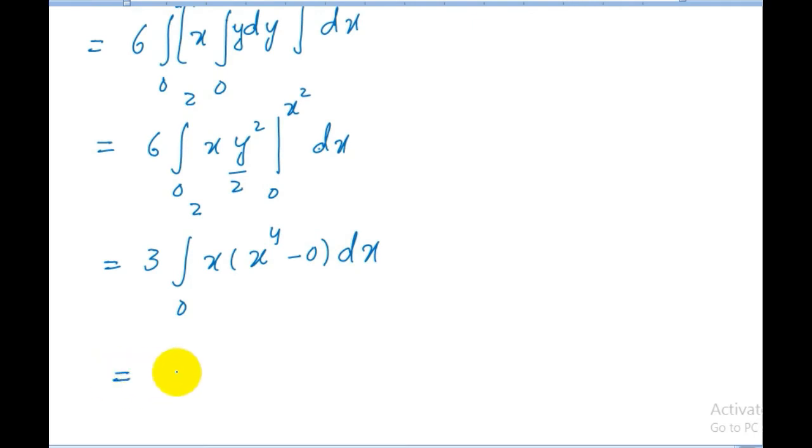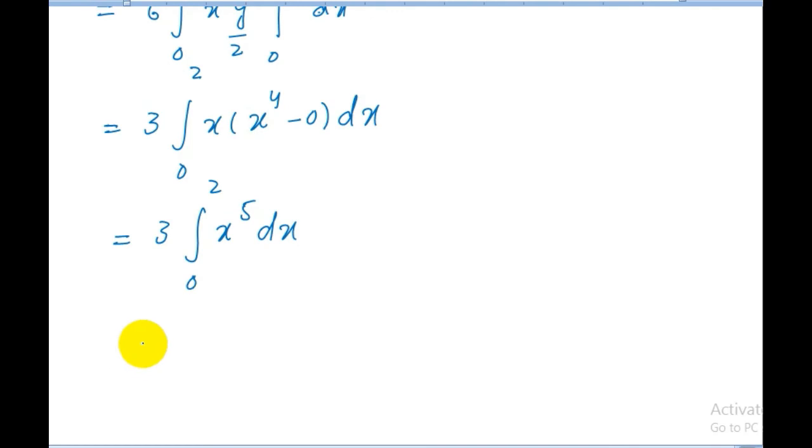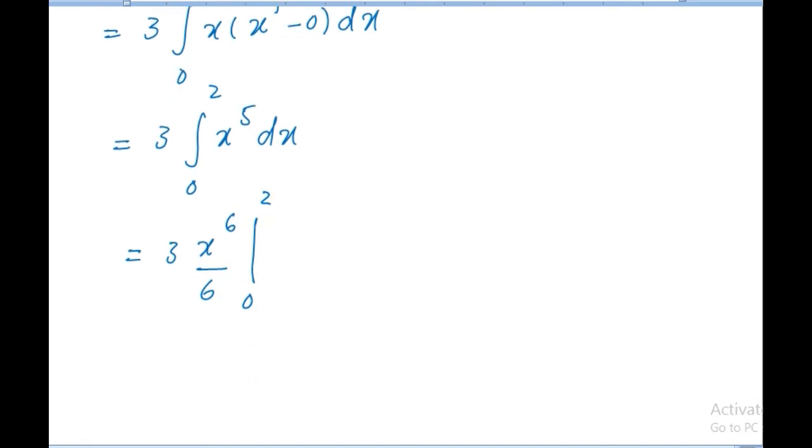This is equal to 3 times integration 0 to 2 of x to the power 5 dx, which can be written as the integration x to the power 6 upon 6, with variation from 0 to 2. This is equal to 1 upon 2 after putting the limit 2 to the power 6 minus 0.